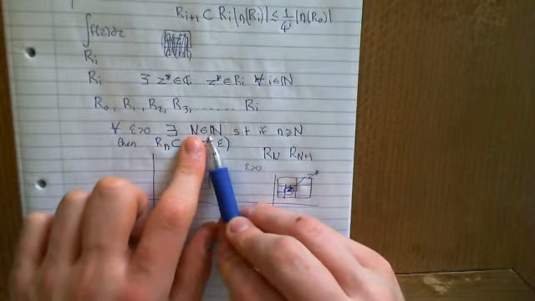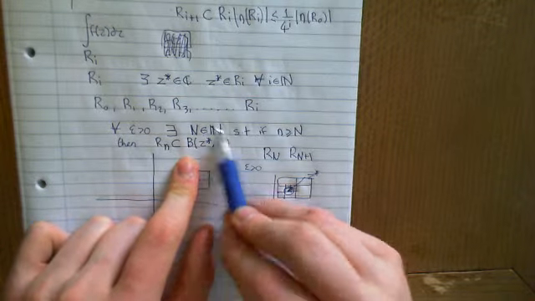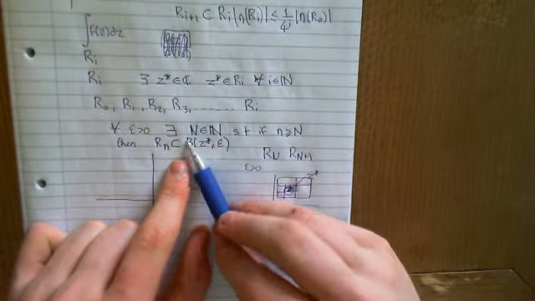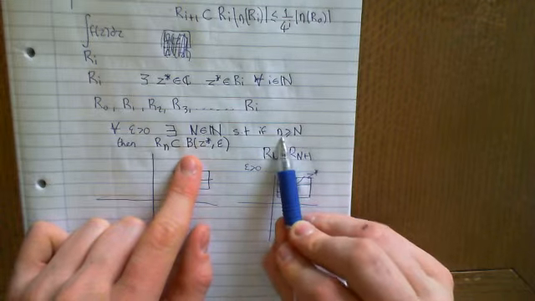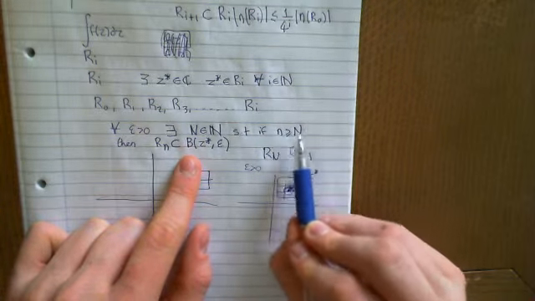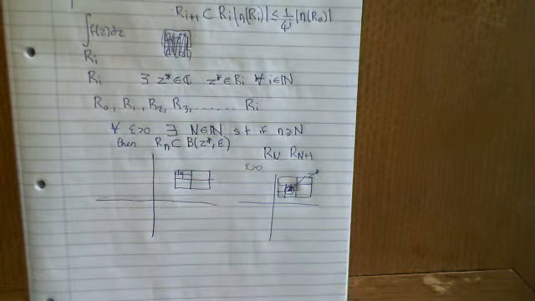There exists a point in the sequence such that that rectangle is contained completely within this ball, and for all the other rectangles where little n is greater than or equal to this one, they're also contained within there.